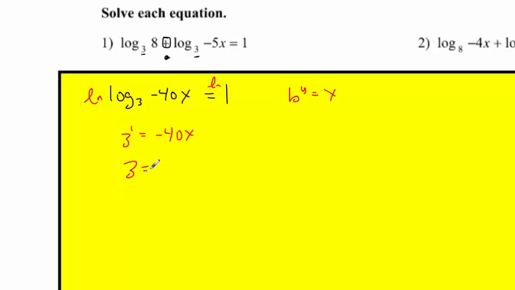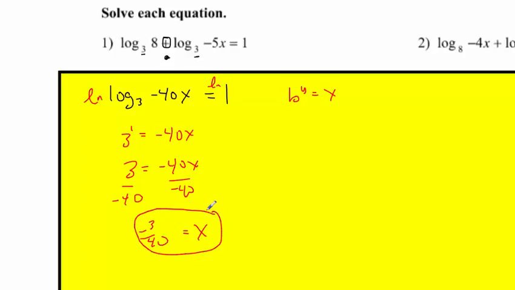Well, so therefore I know that 3 equals negative 40x, and so I can solve for x, just divide both sides by negative 40, and therefore x is equal to negative 3 over 40, and that would be my answer for x.